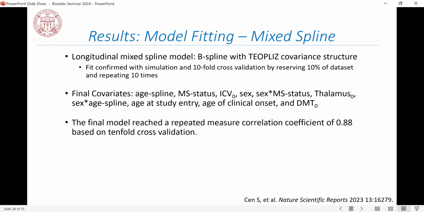The Pearson correlation is for cross-sectional data, but the repeated measures correlation is done at the individual level. You look at whether my observation 1 matches the predicted 1, my observation 2 matches the predicted 2. So 0.88 is pretty good.